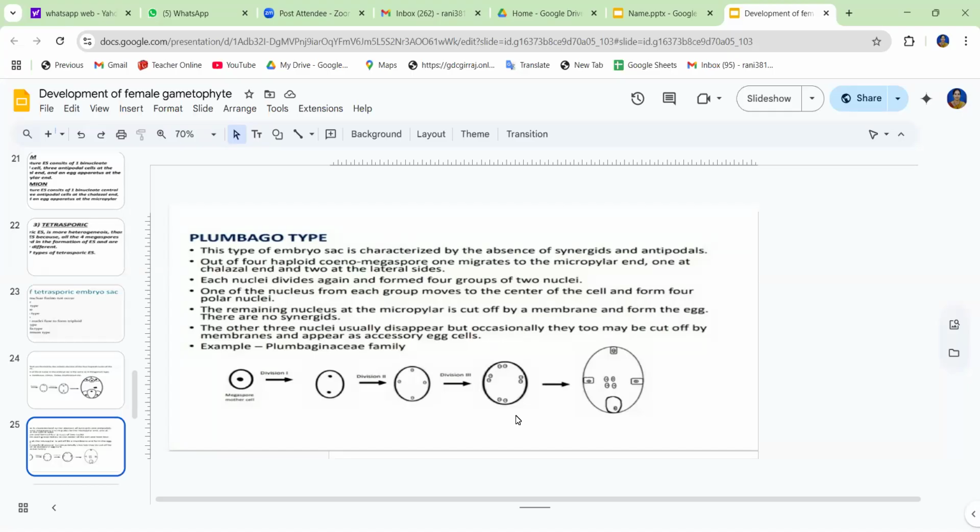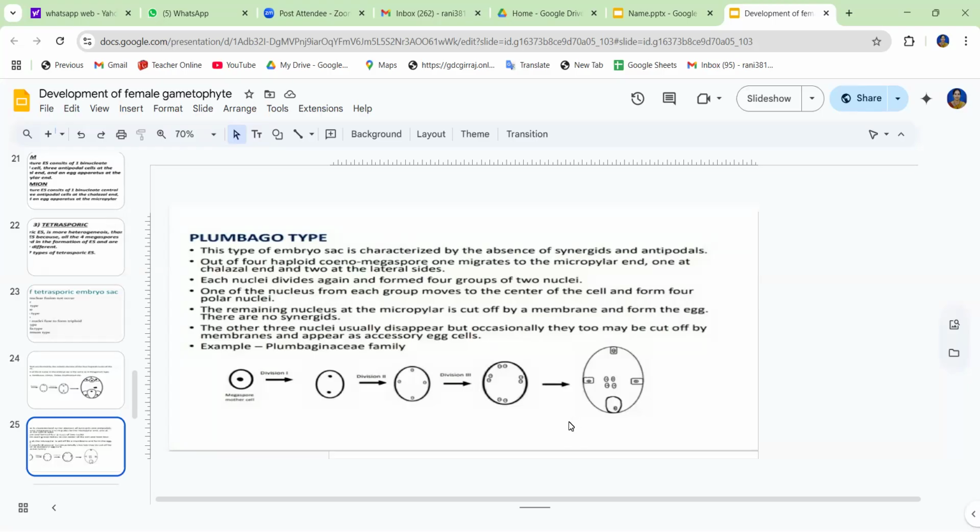Up to here we observed only a 2n state, but in the Plumbago type we observe a tetraploid secondary nucleus. The 4 nuclei fuse in the center portion to form it. The remaining 3 nuclei degenerate. Only the center portion will be functional.